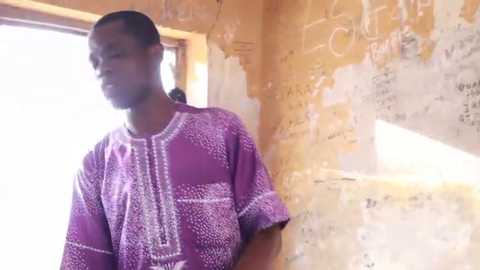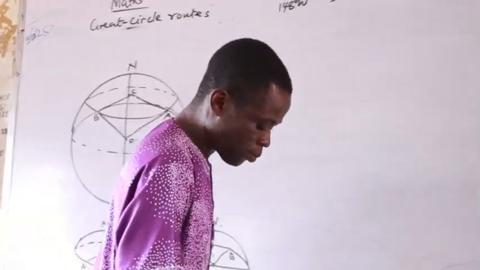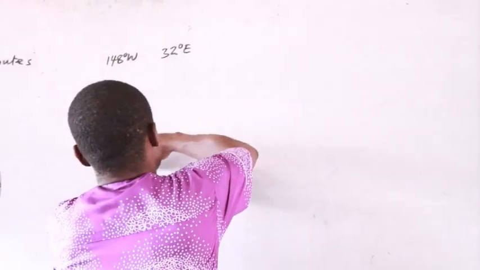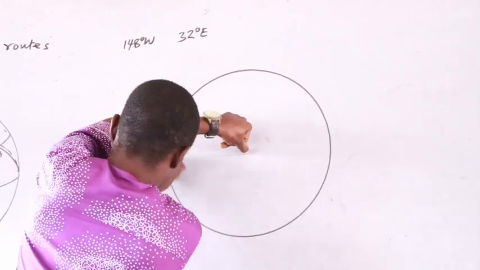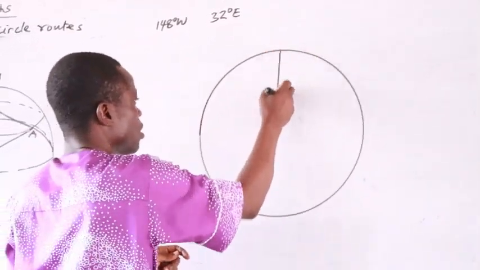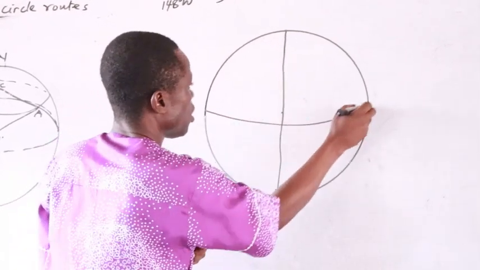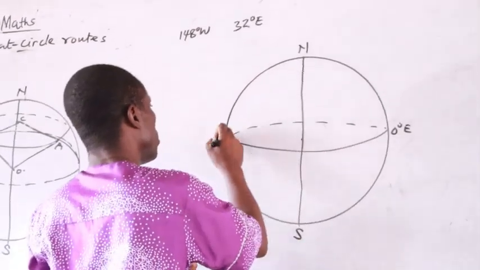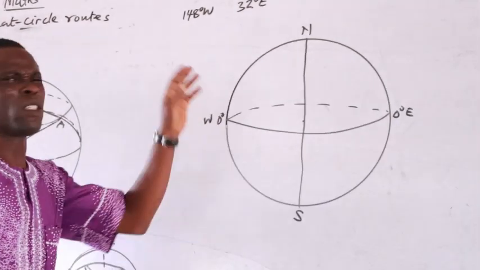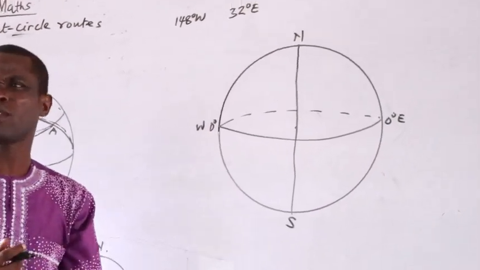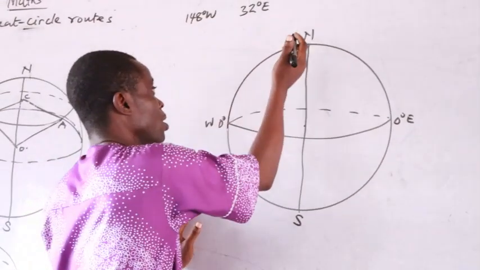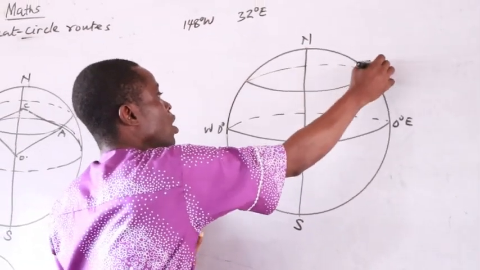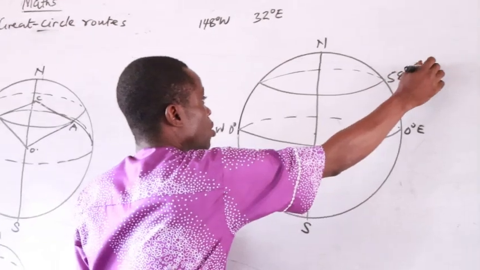Now let me quickly interpret this question. This is the globe. We have the polar axis, equator, north, south, 0 degree east, 0 degree west. What is the latitude that we have in the question? 58.4 degrees north.